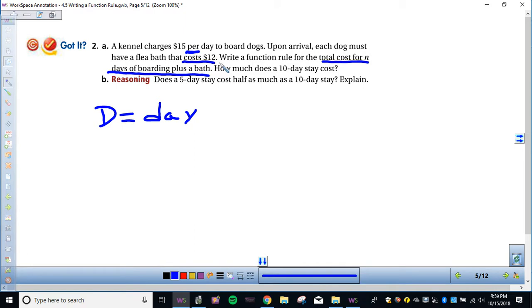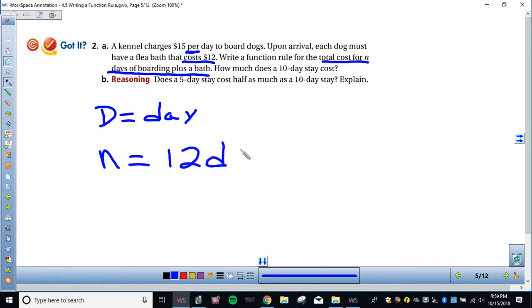So our equation here, we want to know the total cost N, it's $15 per day, plus the $12 for the flea bath, and they want us to calculate how much a 10-day and a 5-day stay cost.